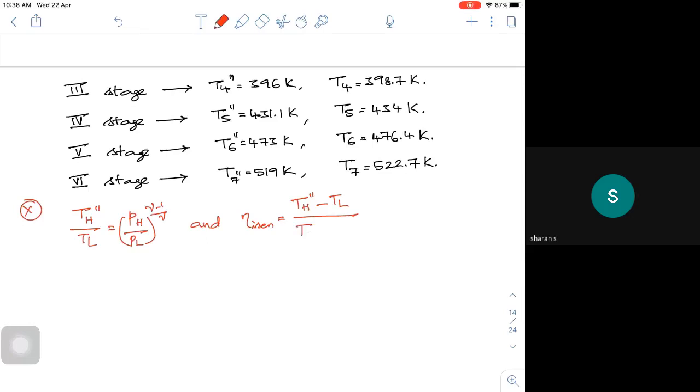This is the formula I have used to calculate the above values. So use this formula and try to verify.